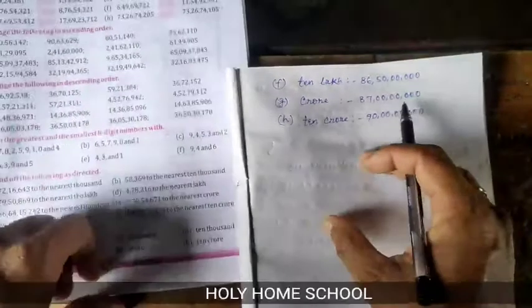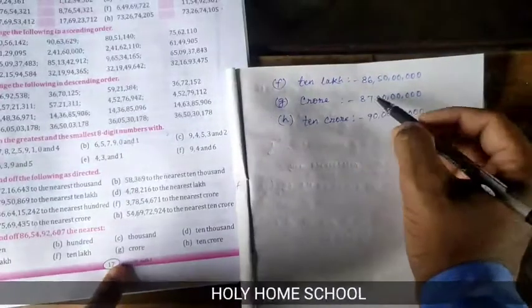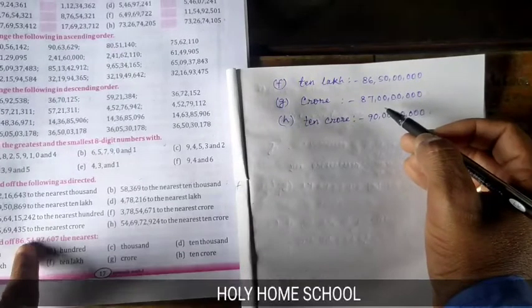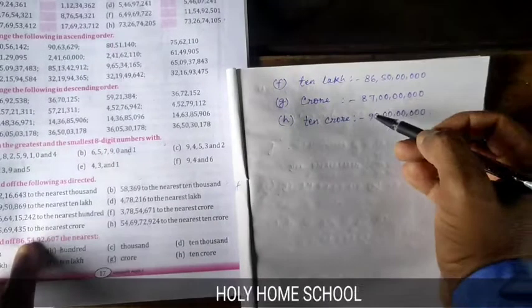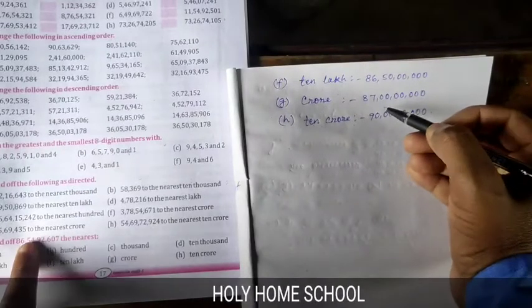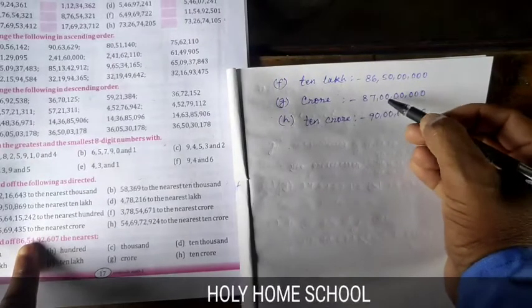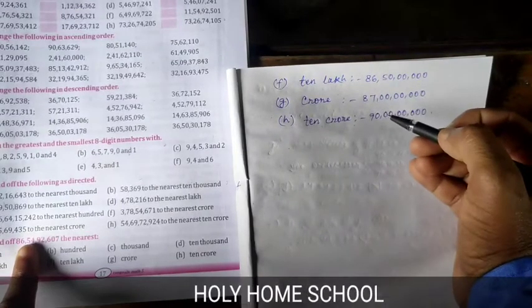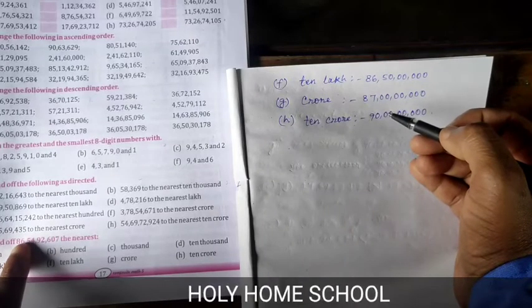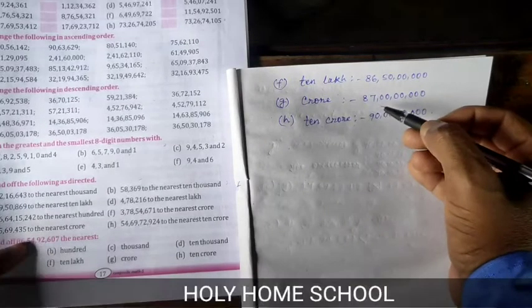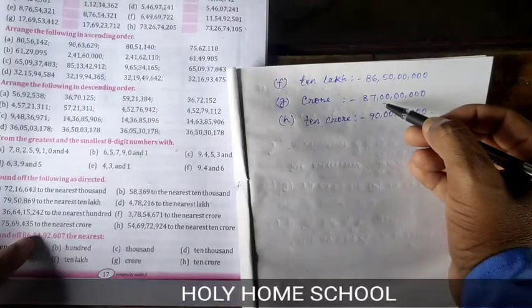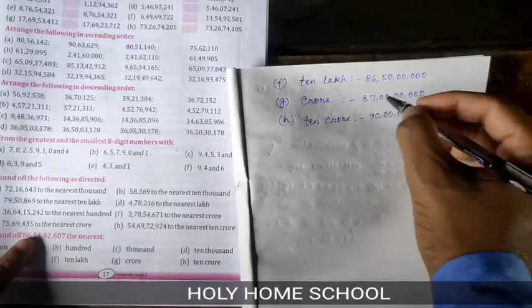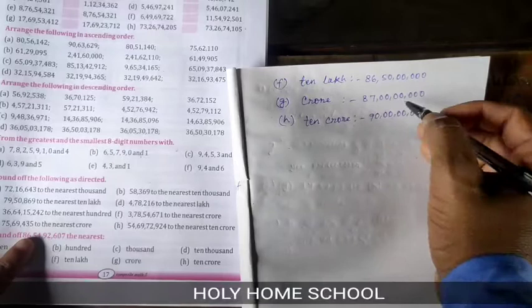To the nearest crore, G. See here the number. For crore place we will observe which digit comes at lakhs place, 5, equal to 5, so this 6 is increased by 1 and it becomes 7, so it becomes 87 crore.